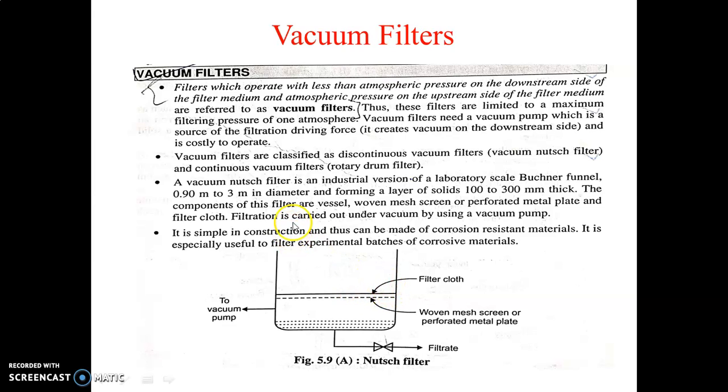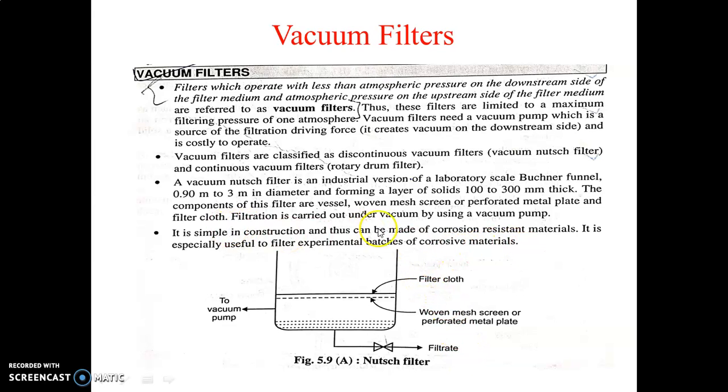And we have to apply the vacuum by a vacuum pump. So there are vacuum pumps, and these pumps create the vacuum under the vessel, and the filtrate is taken out from here.